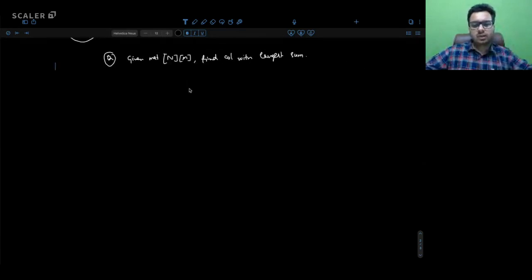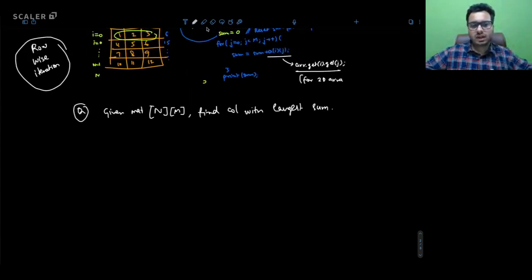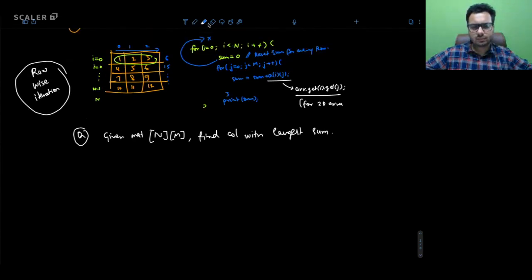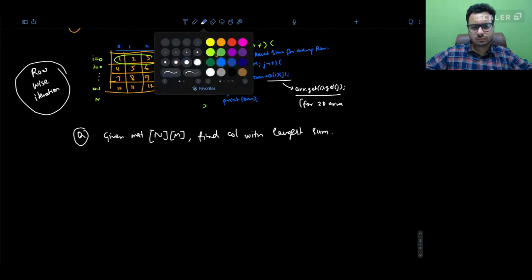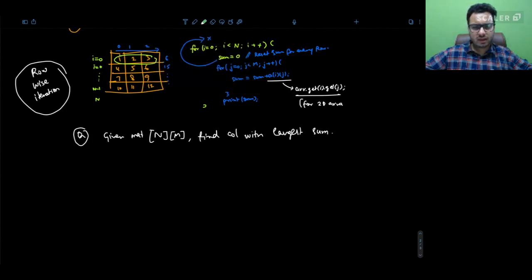See, now if you want to find out the column with the largest sum, then where should you iterate? Can I say we need to iterate over the columns?